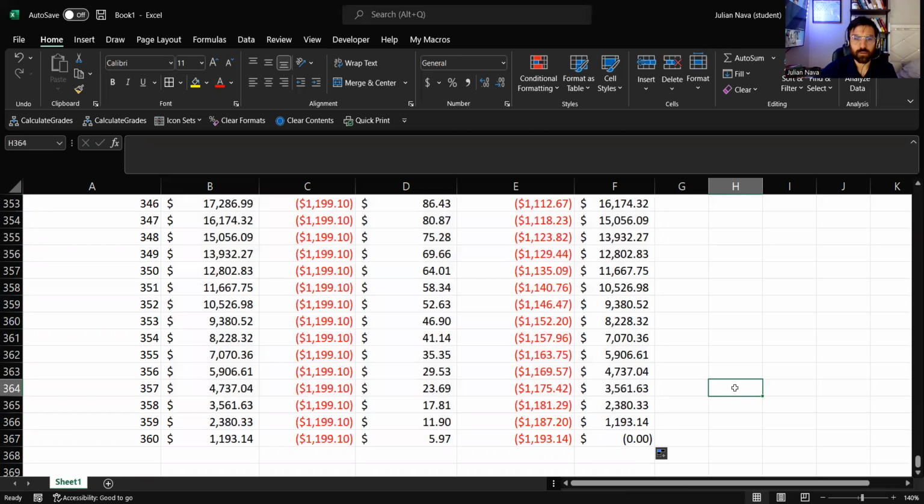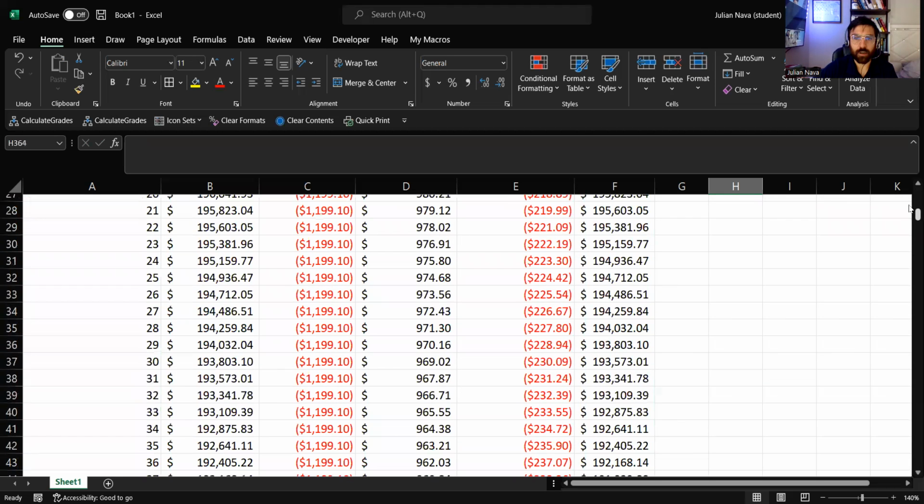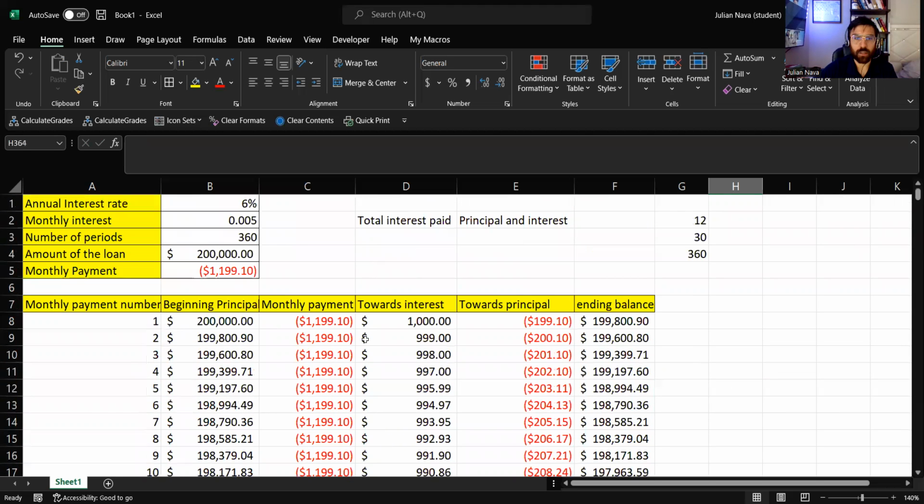Perfect. It did it. So it performed every calculation for every single monthly payment, and I want you to see something. As the months go on with the loan, you're going to see an inverse relationship with how much is going towards interest and how much is going towards principal.